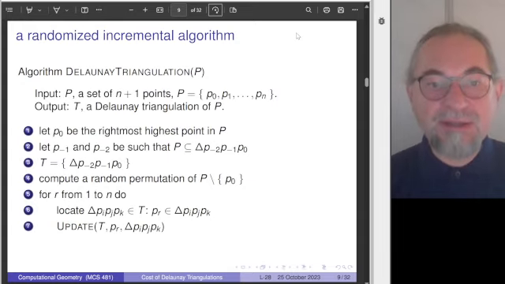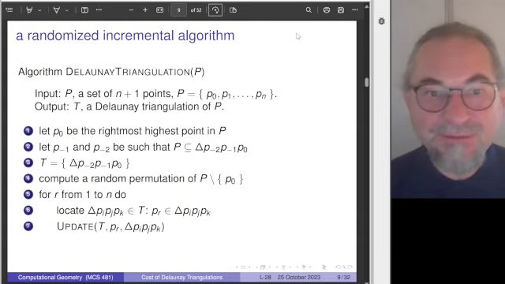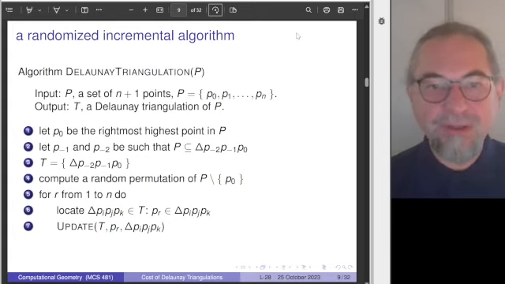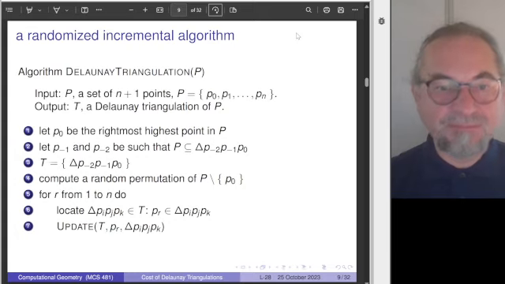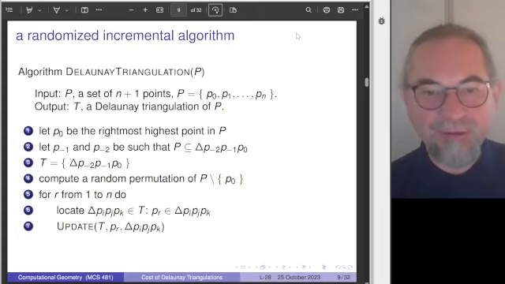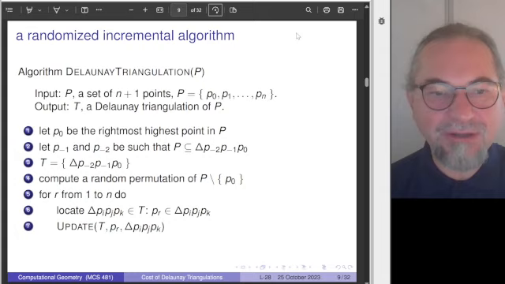All right, here is the outline of our randomized incremental algorithm. It's incremental, so we are starting from the highest point. If there are two, we actually take the rightmost highest point, but I will indicate how we can do it a little bit better than what is outlined here.